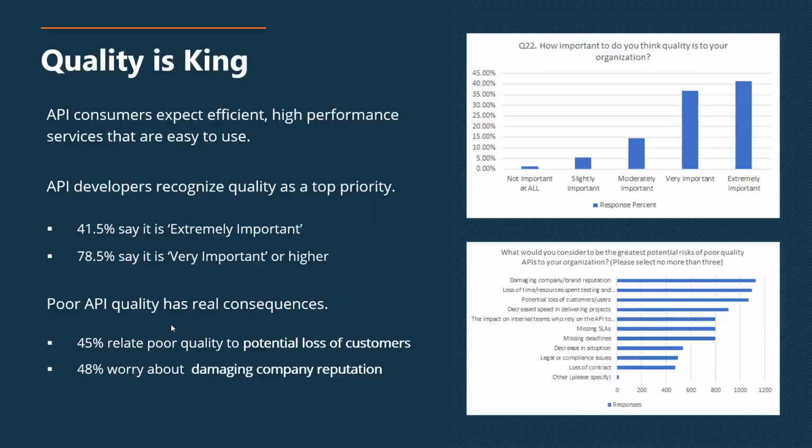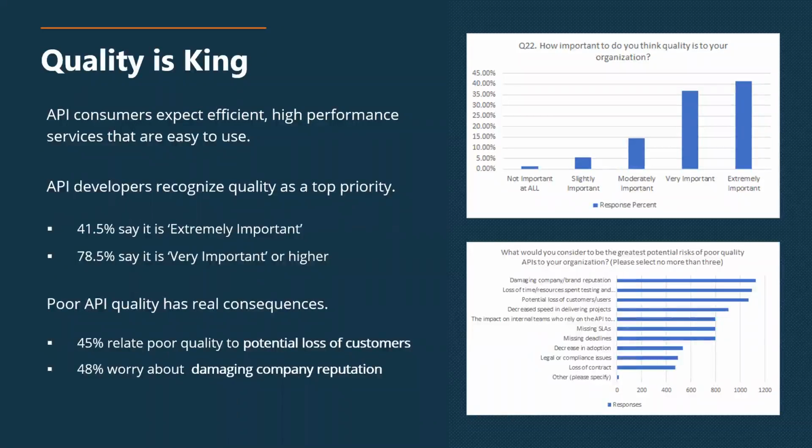We can also see here one of the key factors to come out of this report: the results of poor quality APIs have extremely real consequences. Poor quality APIs can have a huge impact on a business. 45% relate poor quality to the loss of customers, and 48% worry about damaging company reputation.